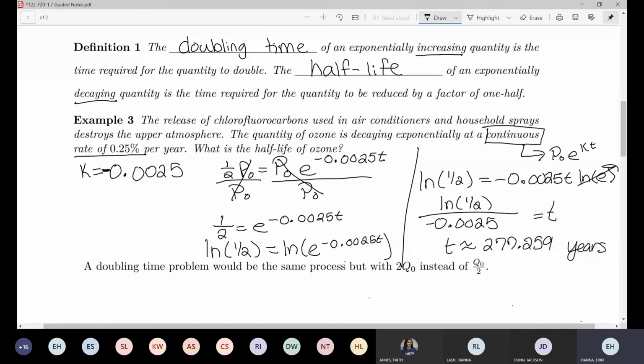The answer will, there we go. If this were a doubling time problem, you would just use 2P0 instead of 1/2 P0 because you want it to double instead of be cut in half. So that's how that goes.